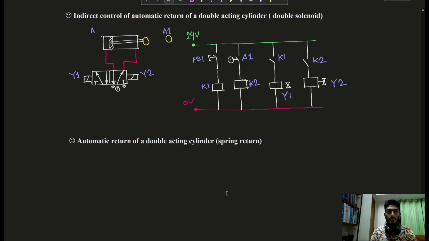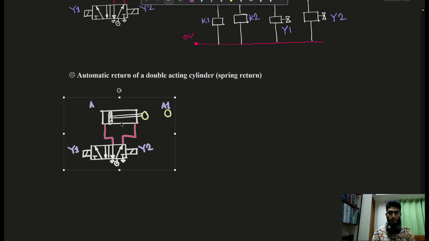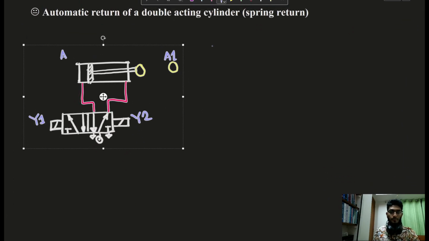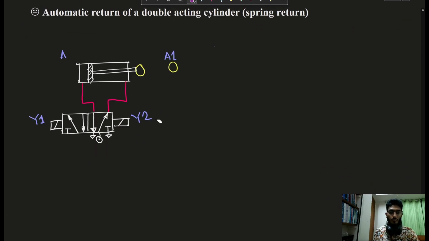Here the next problem states: automatic return of a double acting cylinder with spring return. So the right side of this 5 by 2 DCV has to be a spring. Let's copy this. Okay, so I have to make a spring return on the right side.